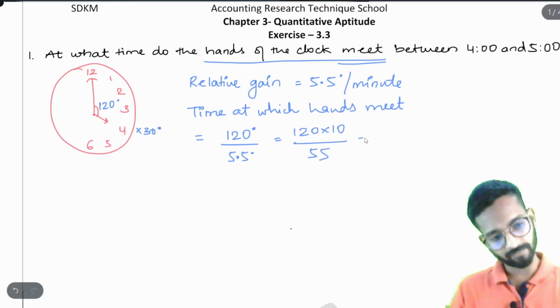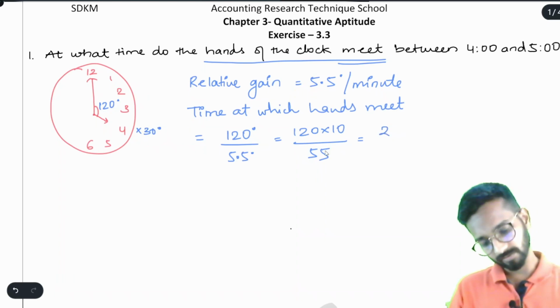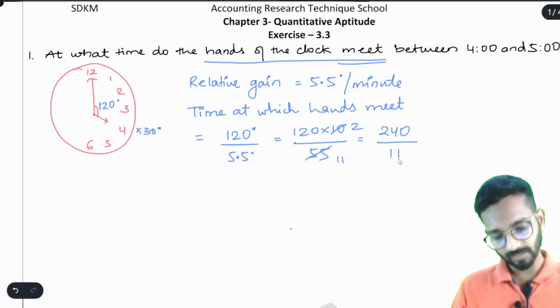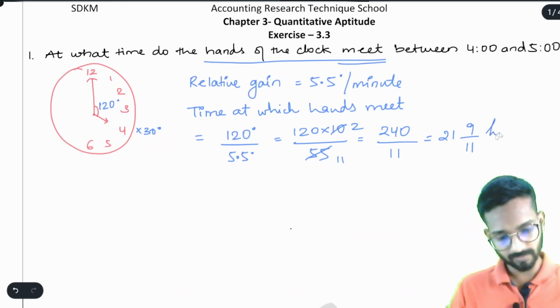Simple. And if I write here, 5 11s are 55, 5 2s are 10, so 240 by 11. 240 by 11, or I can write it as 21 9 by 11 minutes.